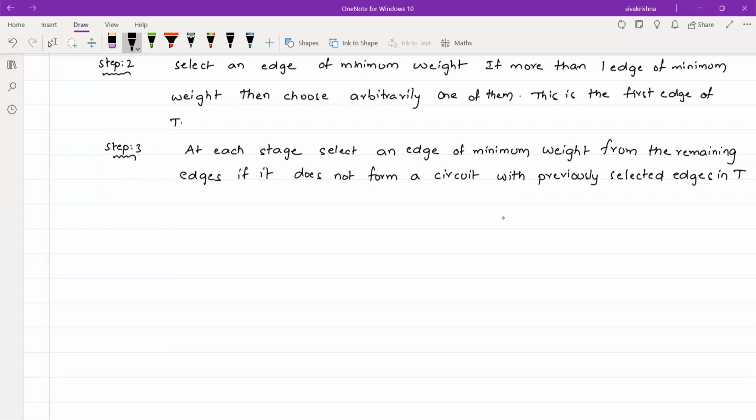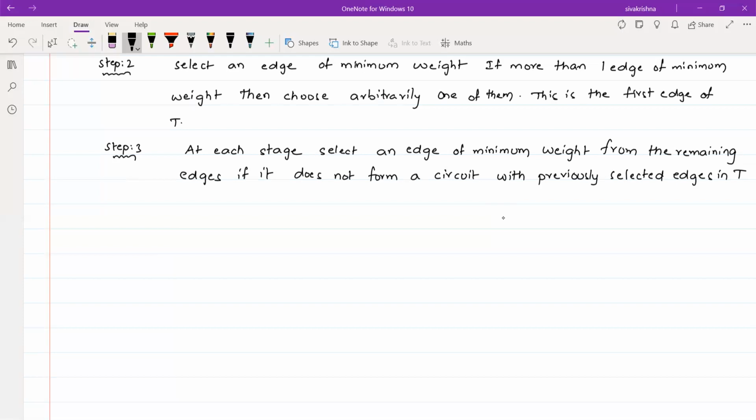If you have selected some edges in T, which is a minimal spanning tree, and you want to add another edge to that spanning tree, first we have to see that it doesn't form any cycle by adding that particular edge. Then only we have to add that particular edge.